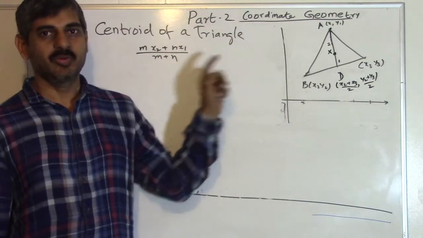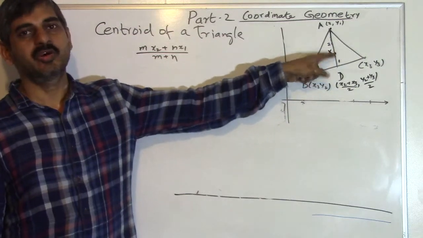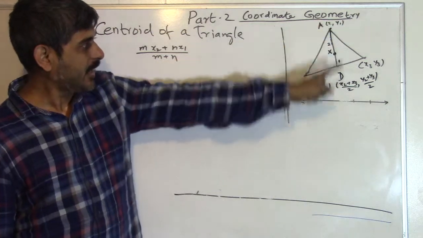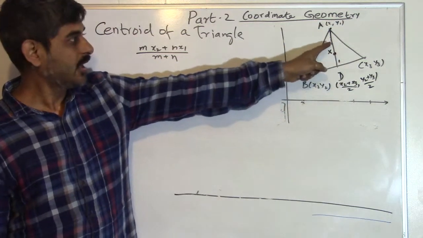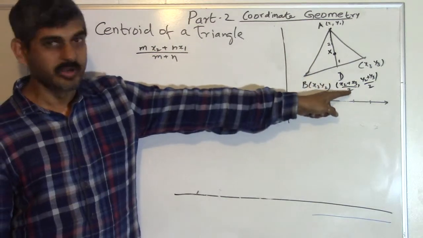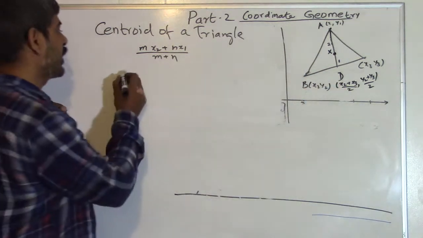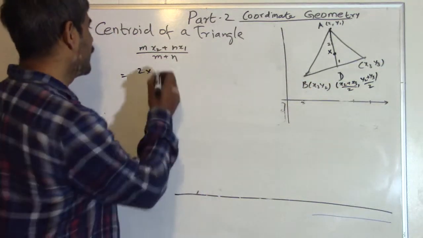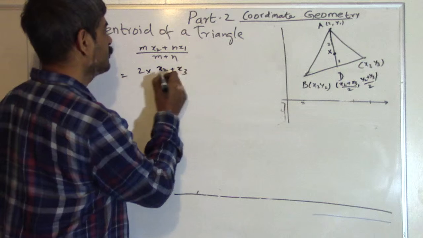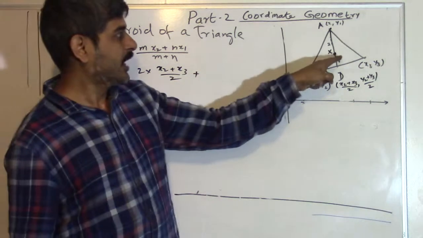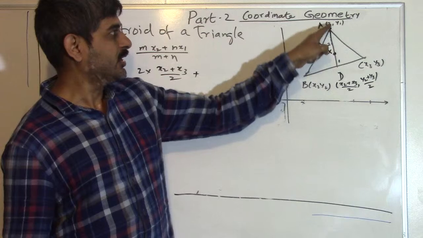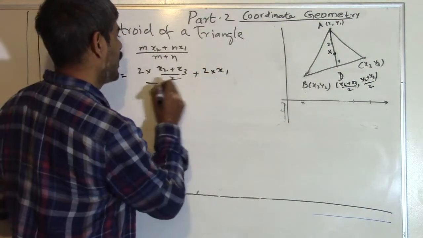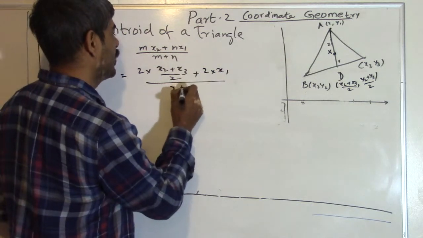And we can use this formula to find the coordinate of this point X. That will be m x2 plus n x1. n is 1, m is 2. So 2 into the coordinate of this point, which is (x2 plus x3) divided by 2, plus n x1, where n is 1 and x1 is x1, divided by m plus n, which is 2 plus 1.